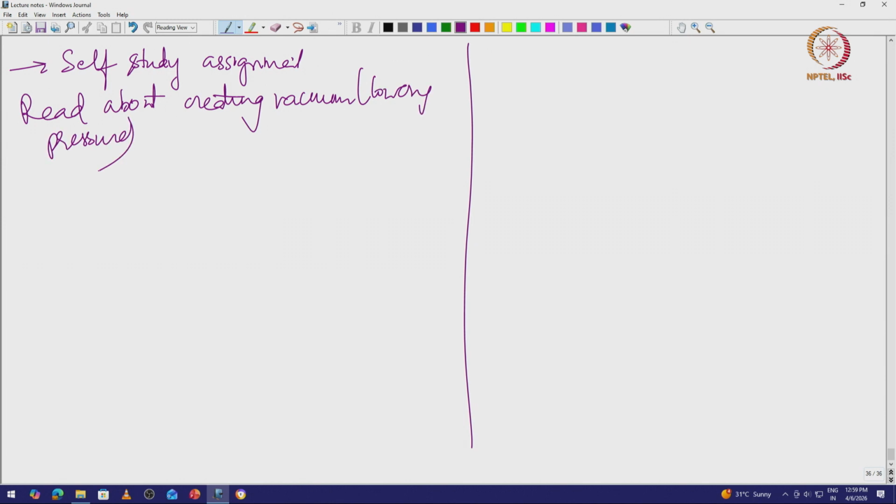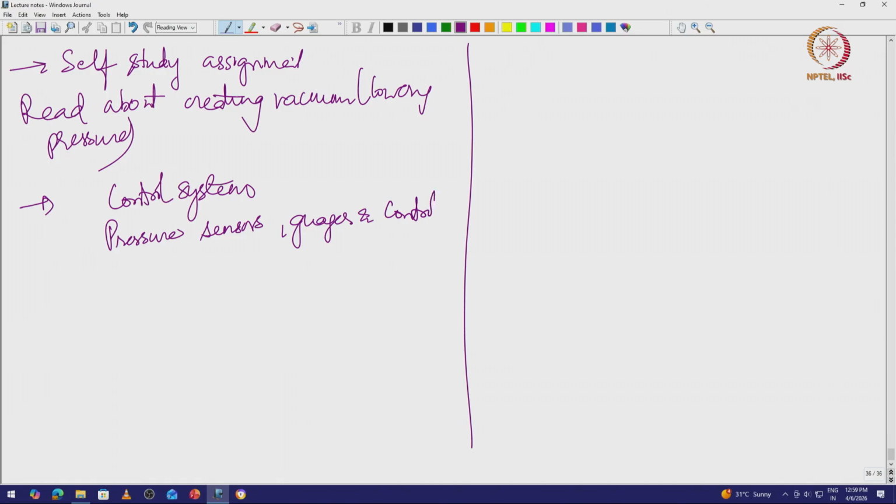Once you lower the pressure, you should also be able to maintain it. That requires a control system, and you need pressure sensors and gauges to maintain the pressure in the vacuum chamber.